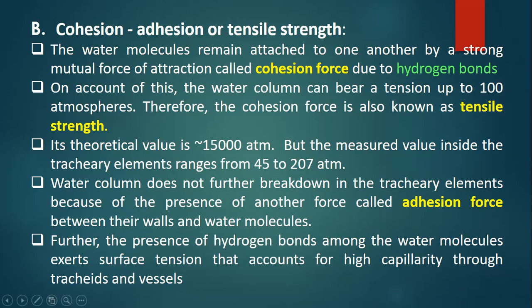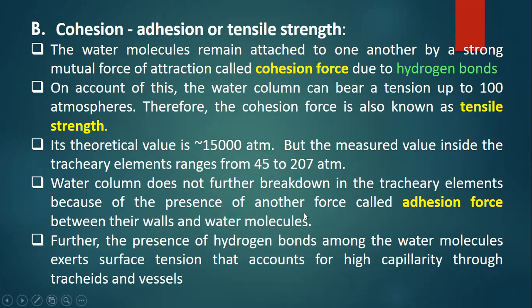Therefore, the cohesion force is also known as tensile strength. Its theoretical value is about 15,000 atmospheres, but the measured value inside the trachea elements ranges from 45 to 207 atmospheres. The water column does not break down in the trachea elements because of another force called adhesion force between their walls and water molecules.